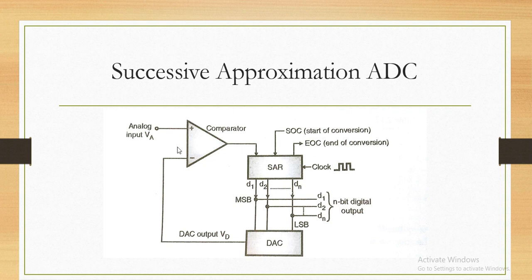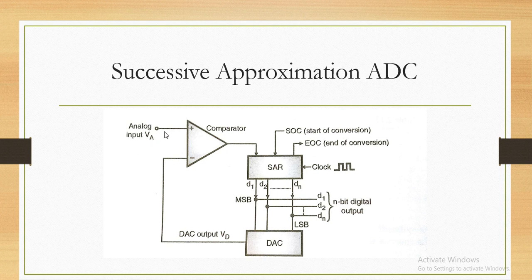Here it is comparing analog voltage VA and DAC output VD. This analog voltage is applied to the positive terminal of the comparator, and this VD, which is the output from the digital to analog converter, is given to the negative terminal of the comparator. How it works, we have seen earlier.